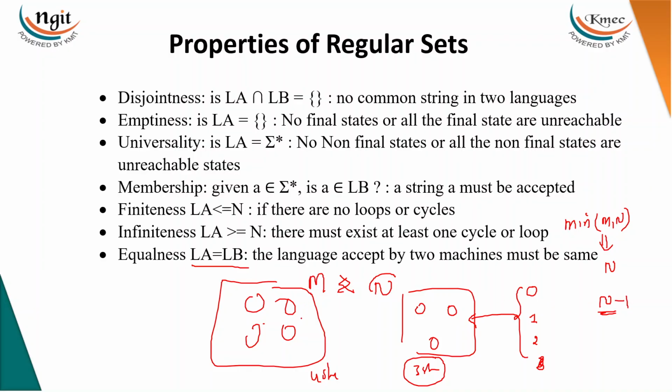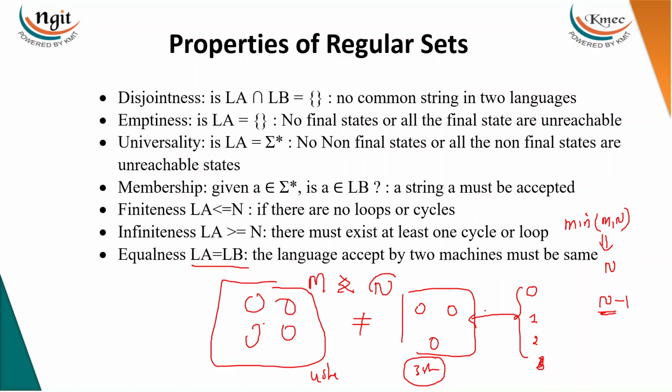If all are accepted here and here, fine, otherwise not. In the exam, if you are given such questions, you take some strings and tell that yes, accepted, accepted, not accepted, accepted. If something is accepted here and not there, not equal. If something is not accepted here but accepted there, not equal. If everything is accepted here and here, both are equal.